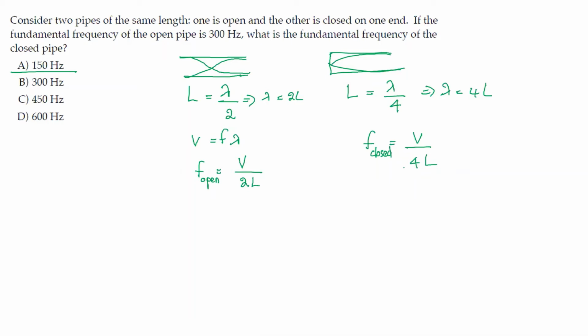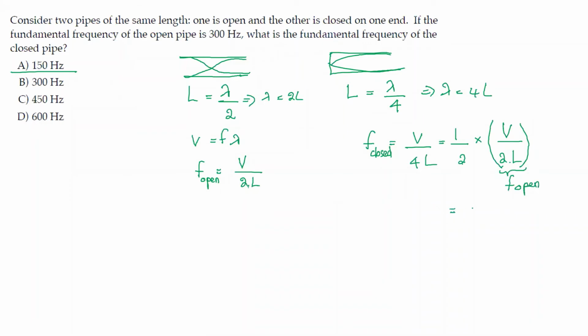So what can you tell about these two? What is the bigger one? This one is bigger, right? This one is double the value of the closed one. If I rearrange the closed equation, I can write it as half times V divided by 2L, because I just wrote this 4 as 2 times 2. And this is the frequency of the open pipe.